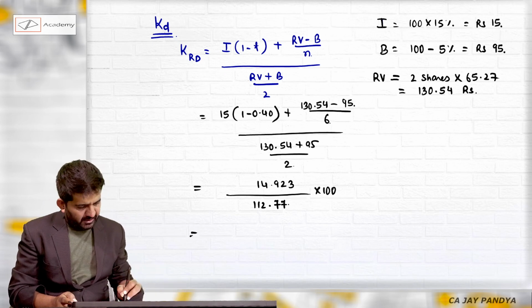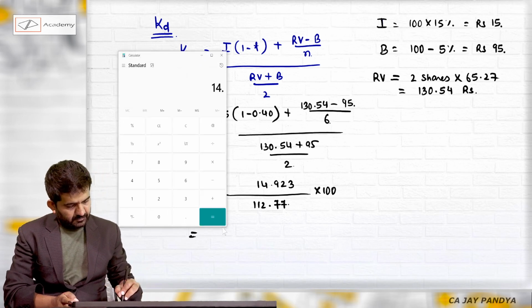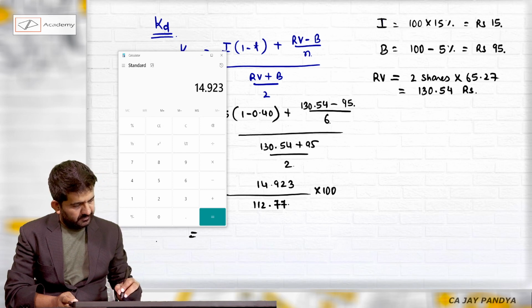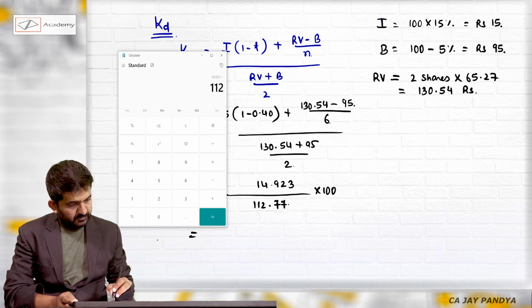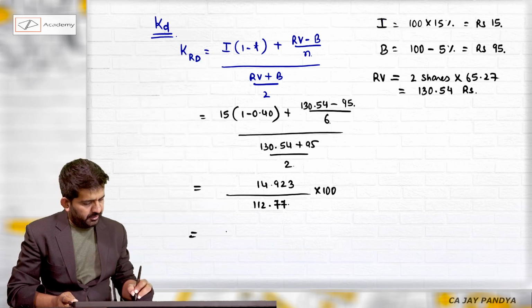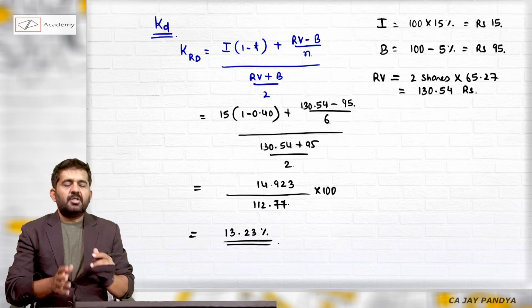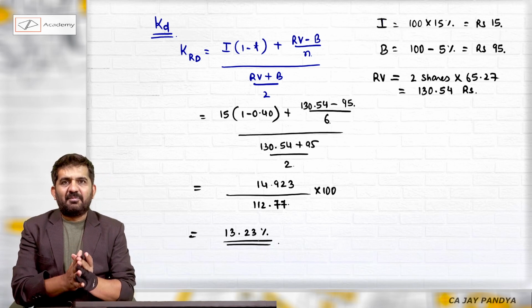Divided by the denominator and multiplied by 100, I will be getting cost of debentures. This is 13.23. This is nothing but cost of redeemable debentures.